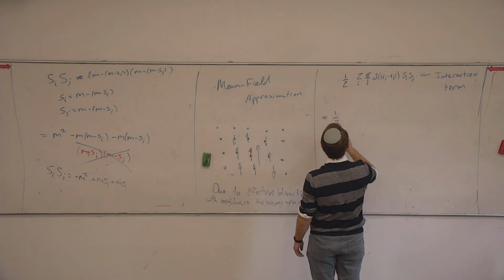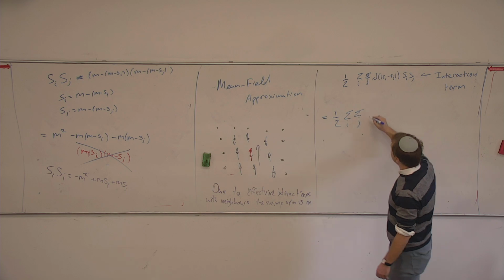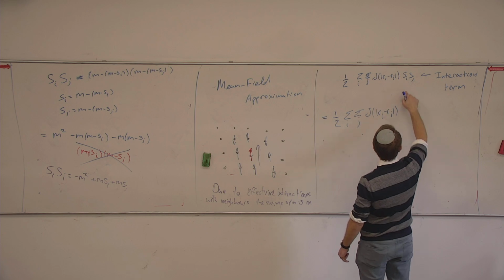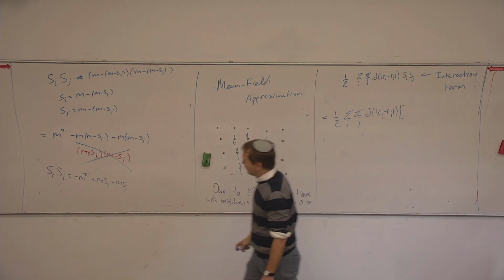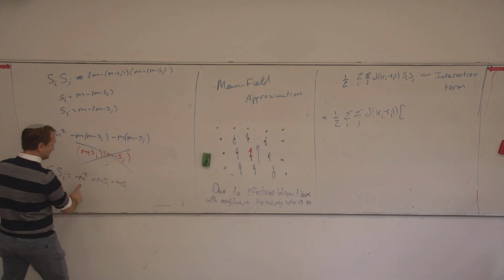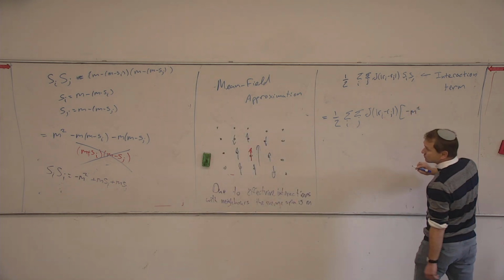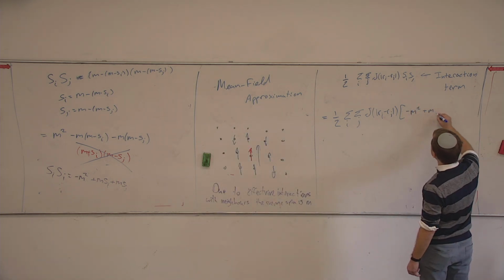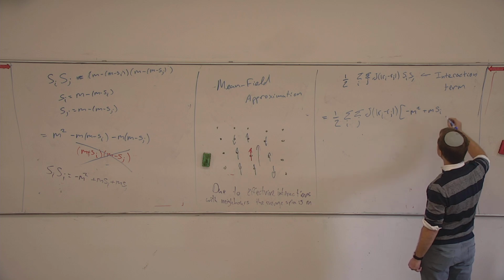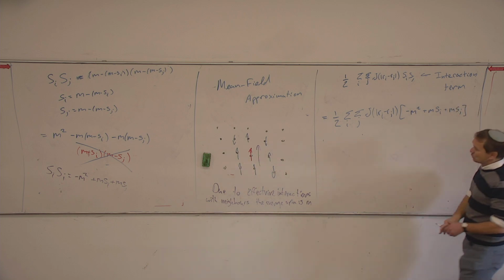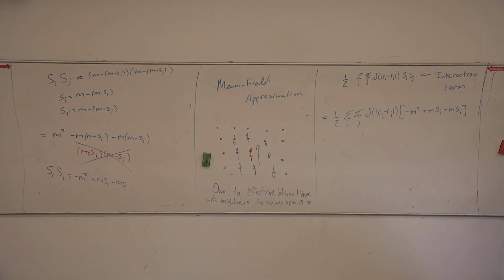So it equals 1/2 a sum over I, a sum over j, the coupling constant or coefficient J of Ri minus Rj multiplied by minus m squared, plus m Si, plus m Sj. So we have 3 double sums over here.